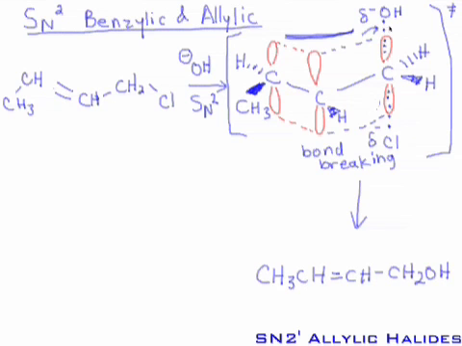But wouldn't it be possible then for the OH to come in here? If electrons can shift through the pi system, then couldn't the OH come here and the electrons move through the pi system?